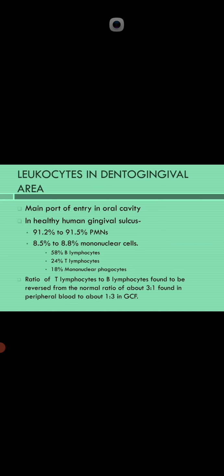The protein concentration compared to blood serum is less in GCF. This is all about gingival crevicular fluid, which acts as a defense mechanism of the gingiva, because here the defense cells are present and they help in washing out the gingival crevicular fluid, and also cytokines are present in GCF.